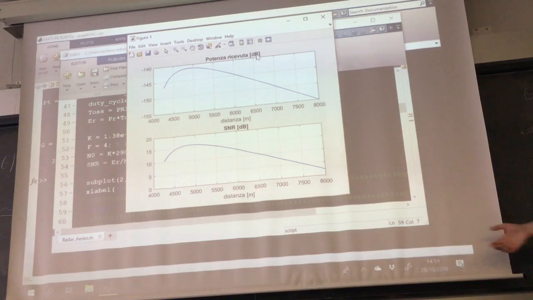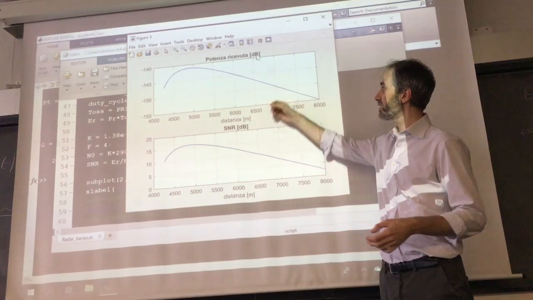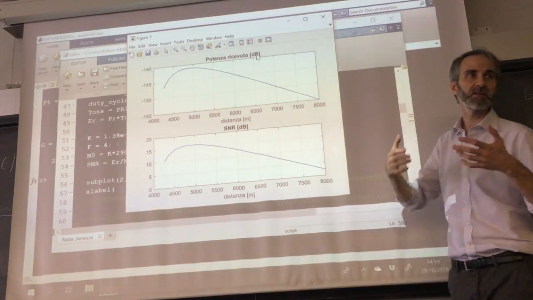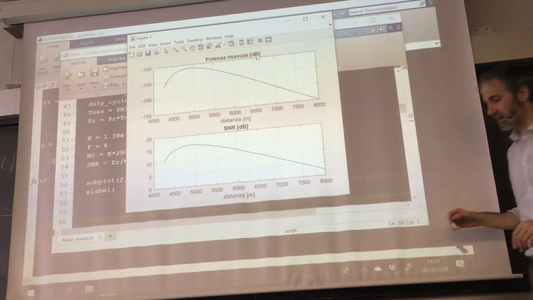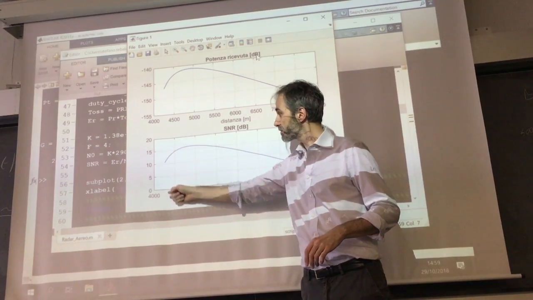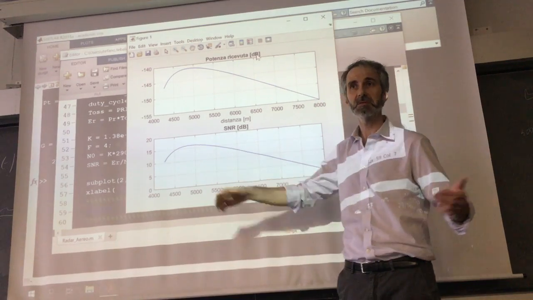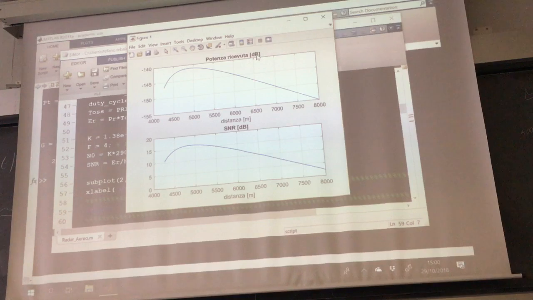It's always larger than 0. So even if this power is so low, you always get more power than noise, which is very important. And in this region, your signal to noise ratio is better than 15 dB. So this is a very favorable signal to noise ratio.